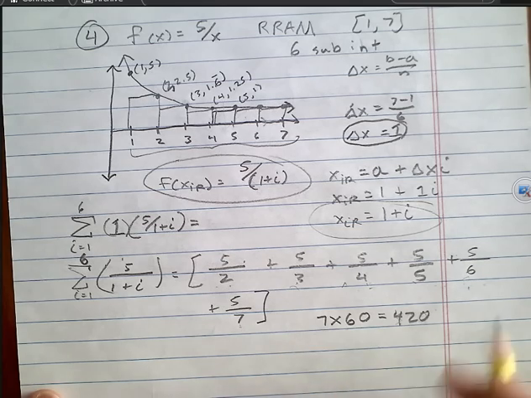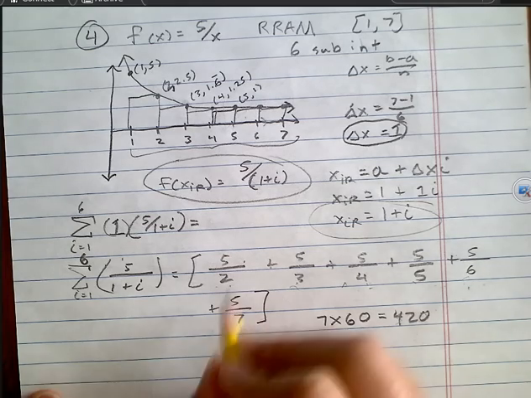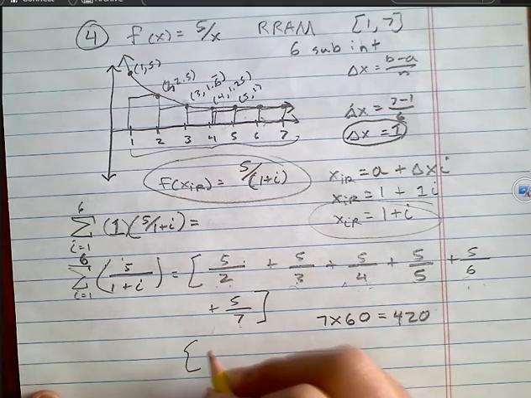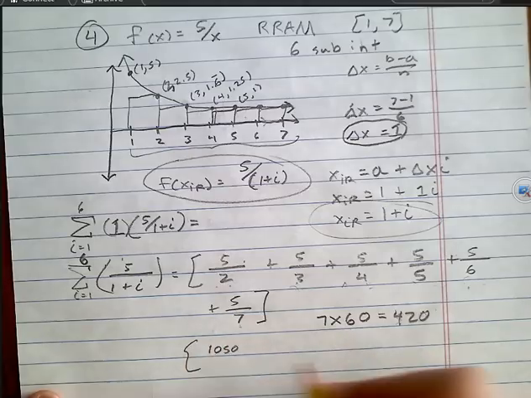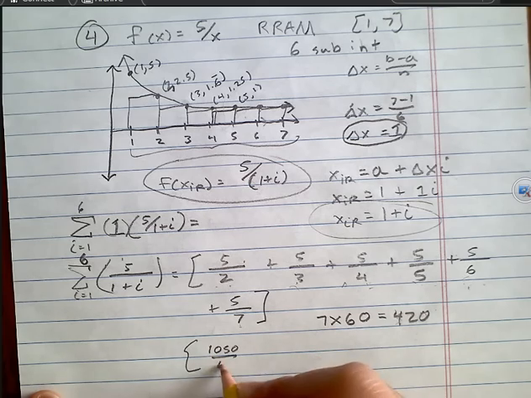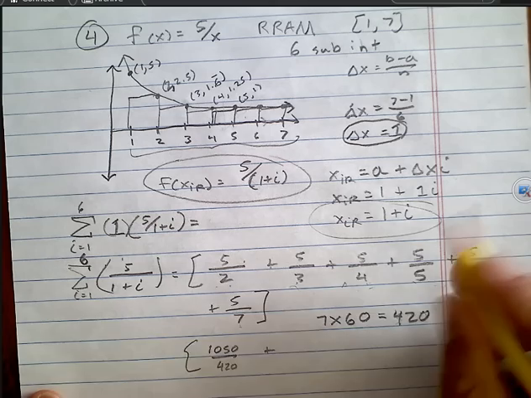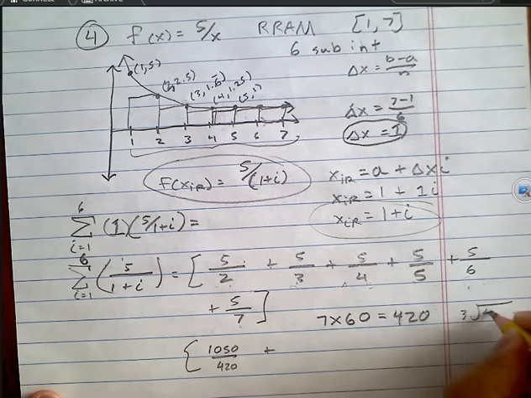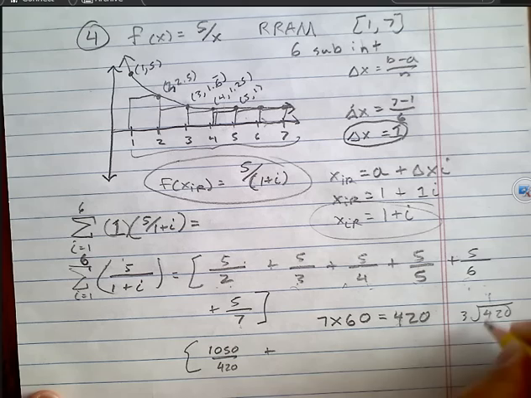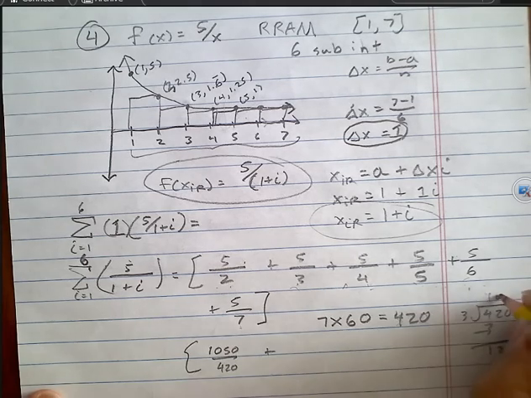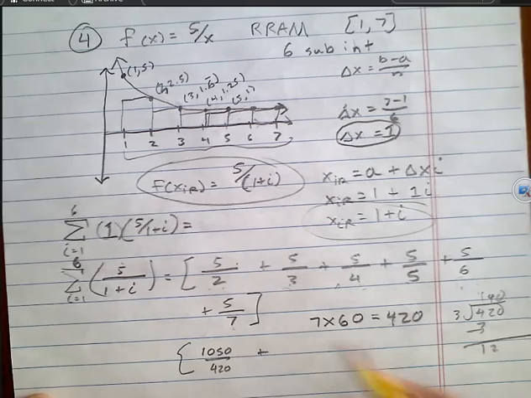420. Okay. So if I rewrite these all with a common denominator of 420, that's 5 times 210, which is 1050 over 420 plus, alright, 3 goes into 420 140 times, so 5 times 140.